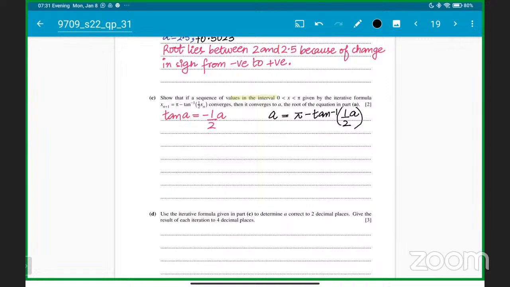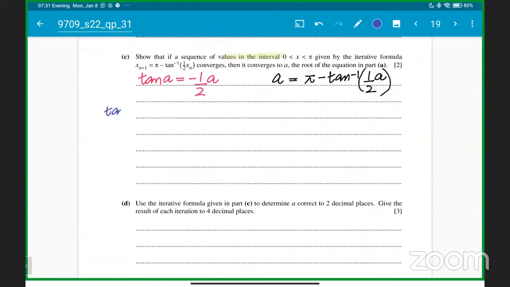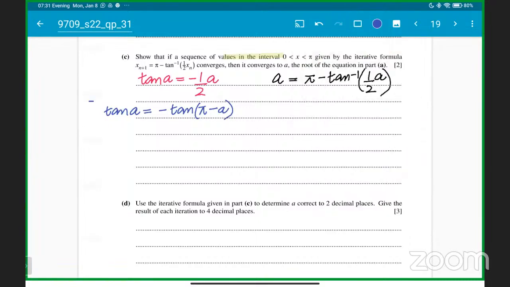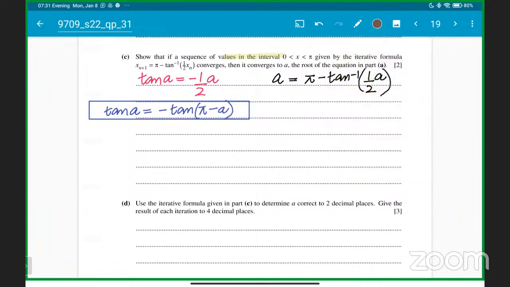For this, you need to understand that there is behind-the-scenes working as well, and you should be very good with the understanding of tan and the basics of this. What we need to understand here is that tan a can be equal to minus tan of pi minus a. This is a property, or an identity you can say, from P1 that we have talked about, and you can work it out as well.